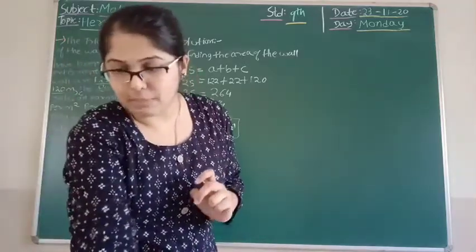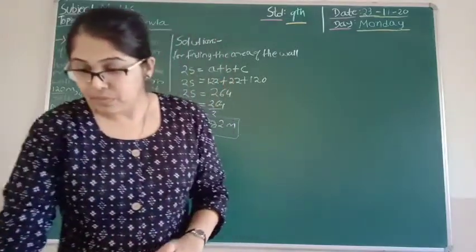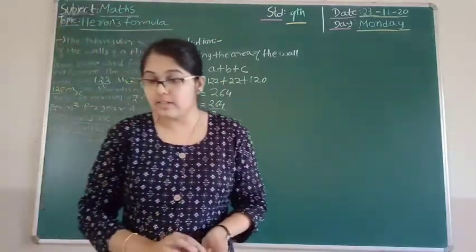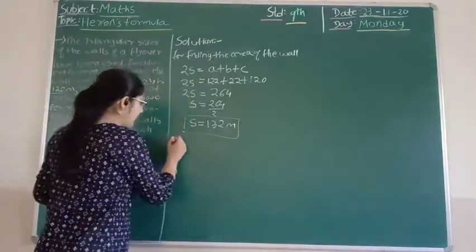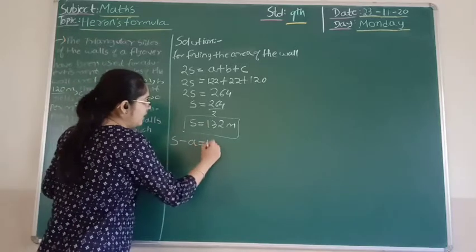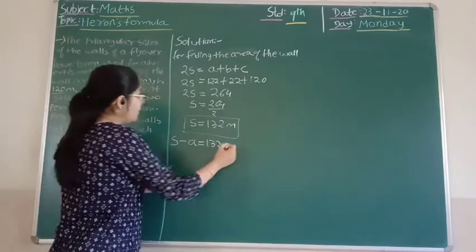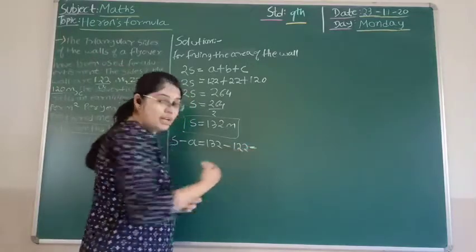Now the next thing we are going to do is apply this in the formula. For that we found S, the semi-perimeter. So S minus A is 132 minus 122, equal to 10 meter.